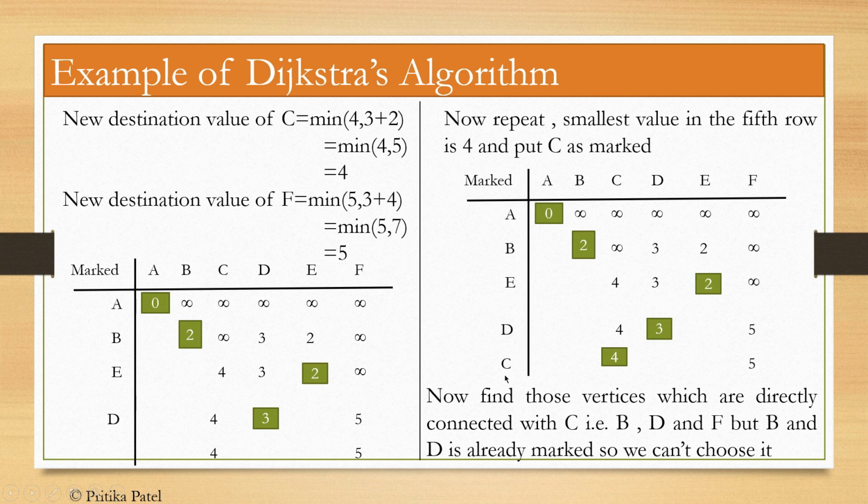And put C into the marked list. Now find those vertices which are directly connected with C, as given in the graph. You can see that the vertices directly connected with C are B, D and F. But B and D are already marked, so we can't choose them.